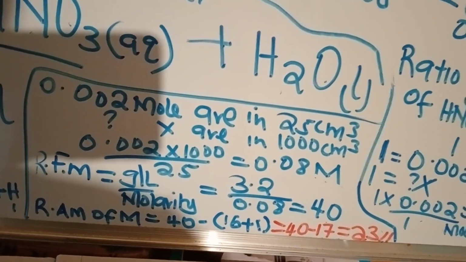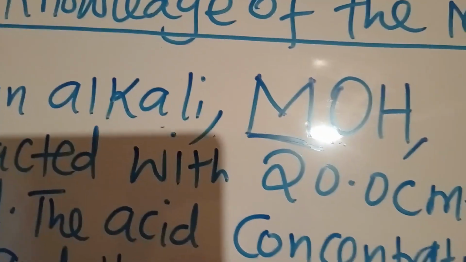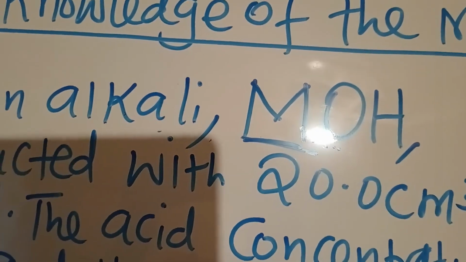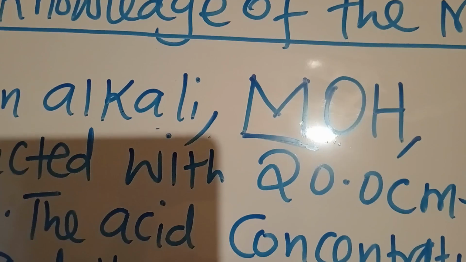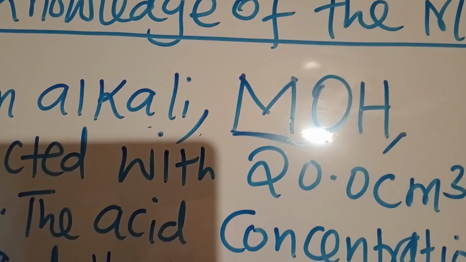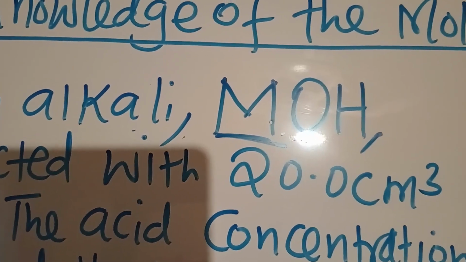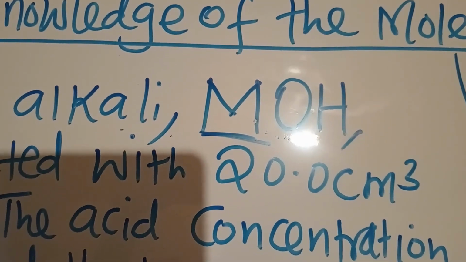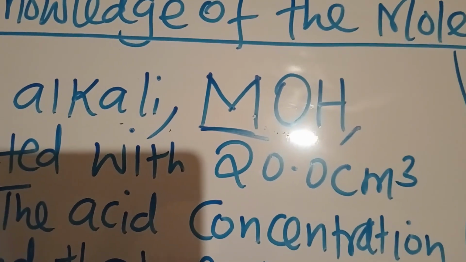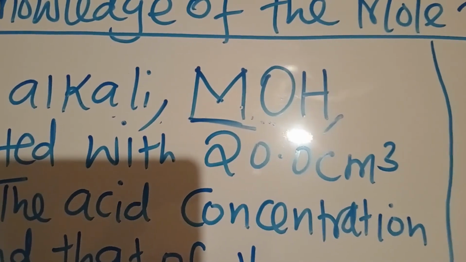And just like we had predicted, now that we have been told that this is an alkali, and an alkali is a group 1 metal, meaning capital M is a group 1 metal, and those hydroxides that are prepared using group 1 metals are called alkalis. They are soluble bases.